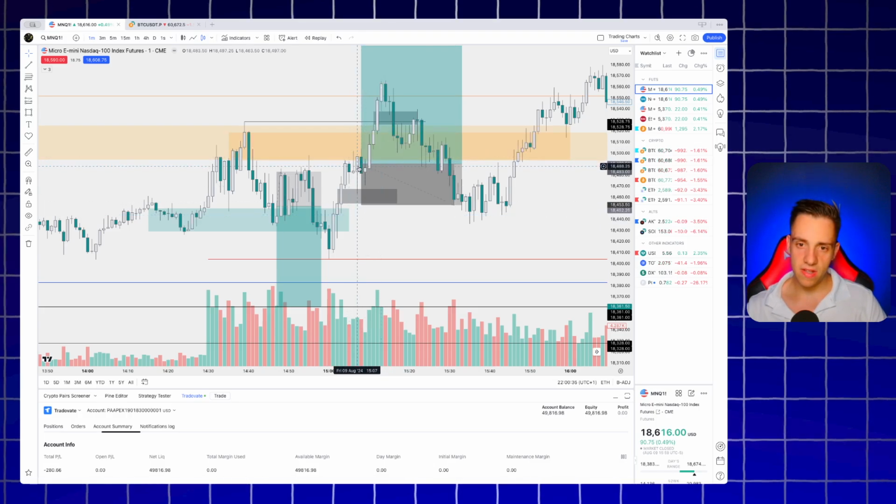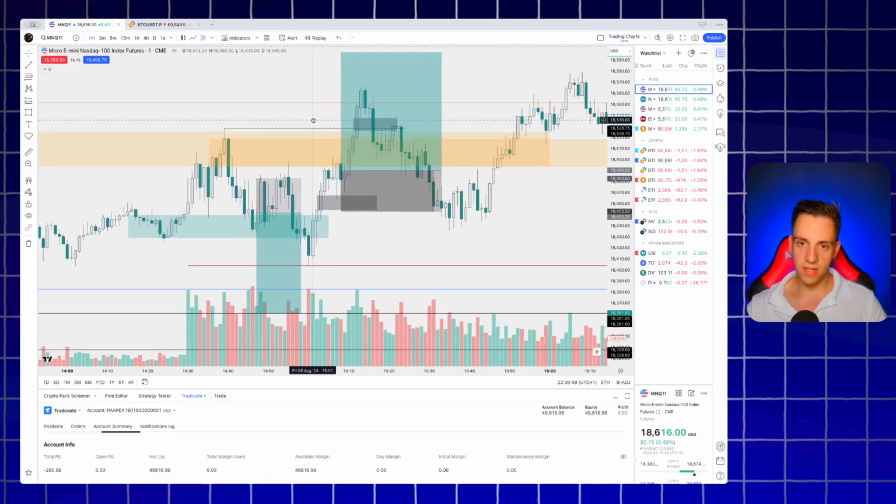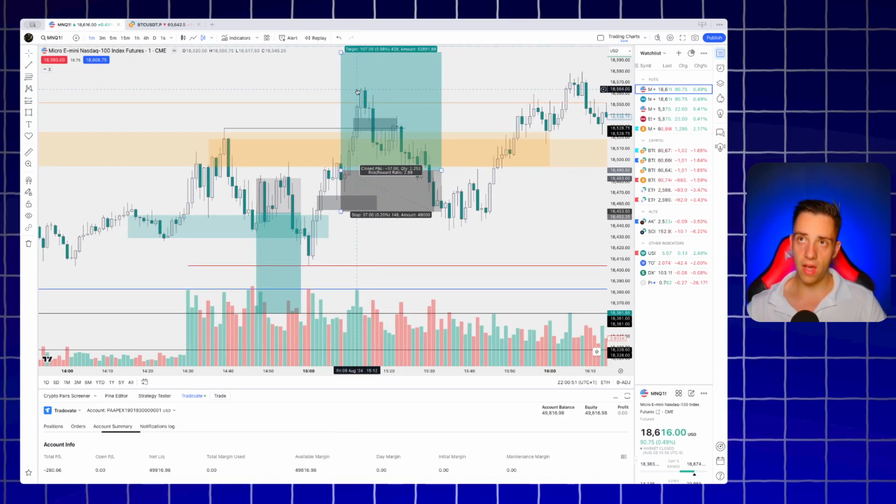So I see this, I entered around this area, I waited, price goes into drawdown, then goes back up into profit, cleans up these highs, and at this point, I want to take profits.